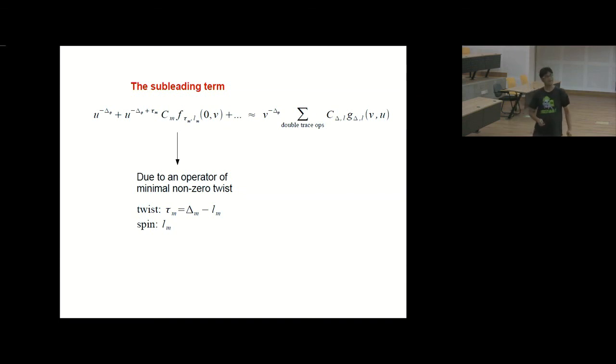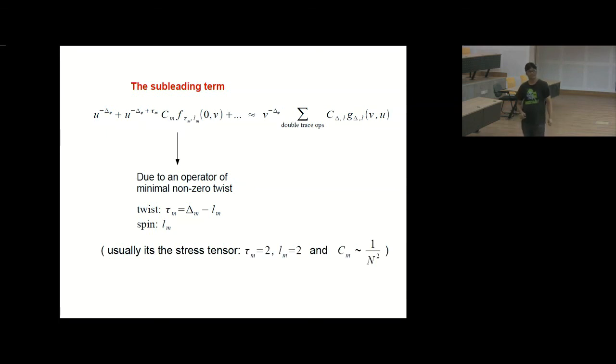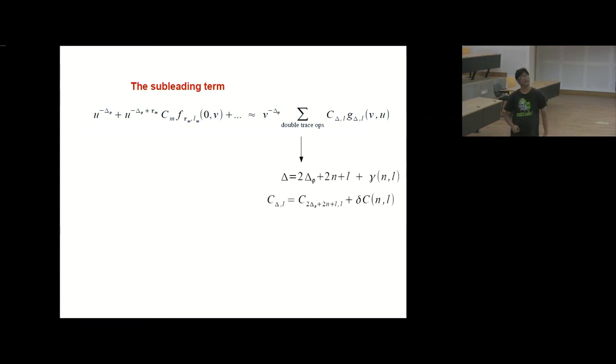So it has a twist tau m and a spin lm, and usually it's the stress tensor, which has twist 2 and spin 2, and a small OPE coefficient. And on the right hand side, I have these double trace operators, and I want to sum over all of these things to reproduce the subleading term on the left hand side.